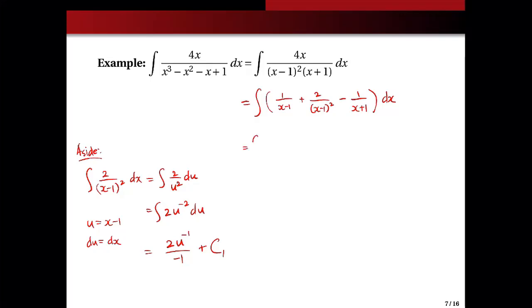So in here, we are now integrating. So we have now ln, absolute value of x minus 1. And then for this guy, we have this. So you will have minus 2 over x minus 1.